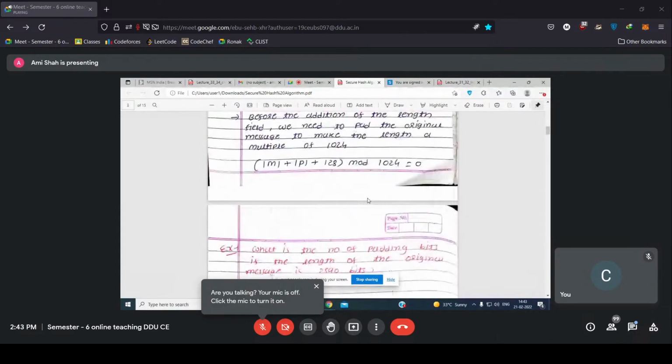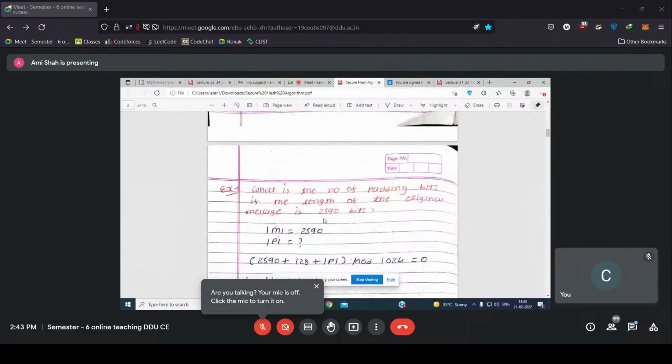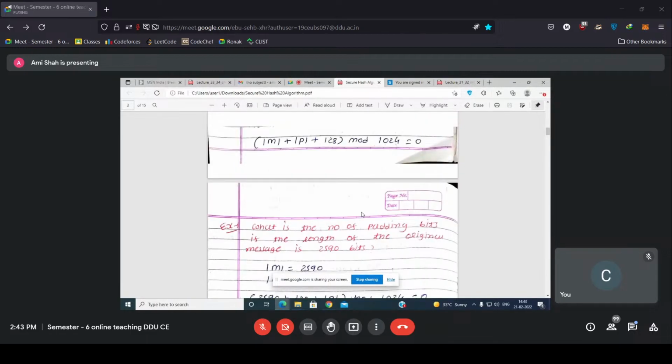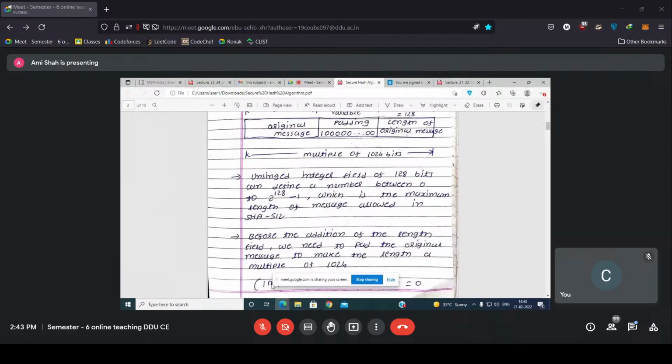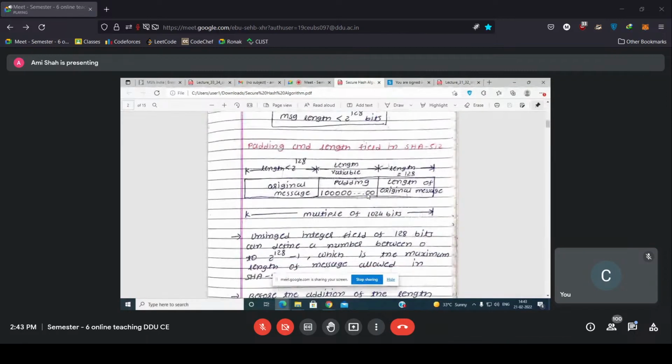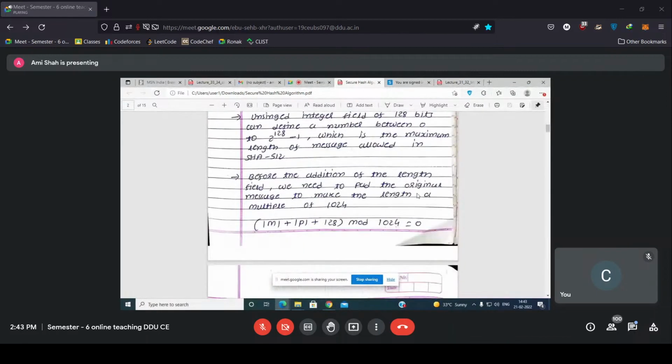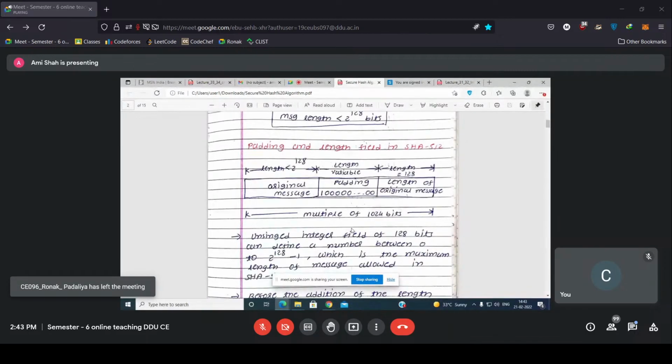This type of question can also be asked: what is the number of padding bits if the length of the original message is 2590 bits? All of you know this equation: message plus padding plus length mod 1024 equals 0, which means it must be a multiple of 1024 bits.